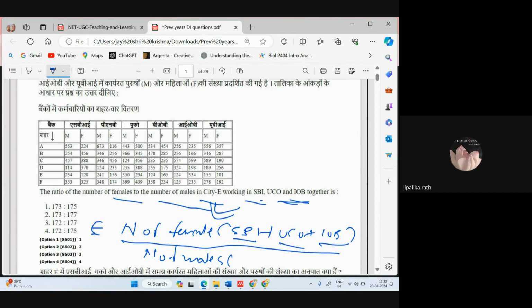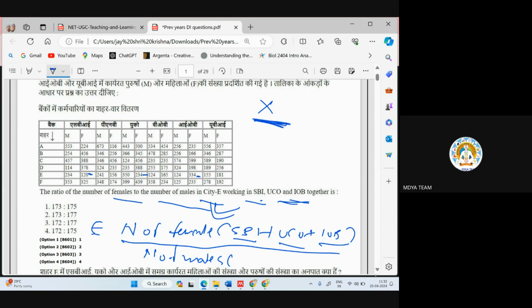Female numbers from SBI in city E. First we will add this, then UCO, 120. We will add 34, then we will add IOB, 334. Then we will get the number of females working in these banks in city E. Let that number be X. After adding all these numbers, let you got X.